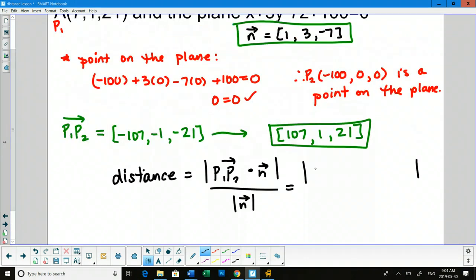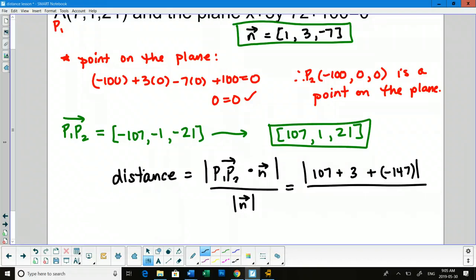So it'll be 1 times 107, which gives us 107, 3 times 1, and negative 7 times positive 21 will give us negative... No, 21 times negative 7 is negative 147.